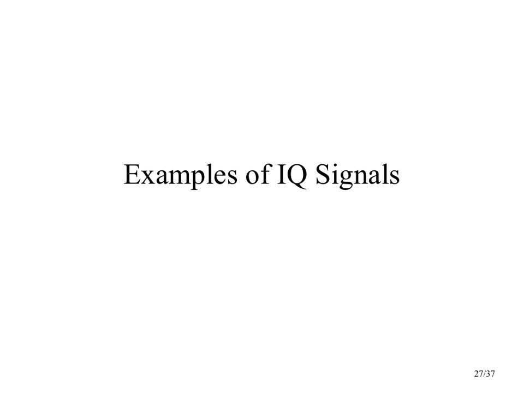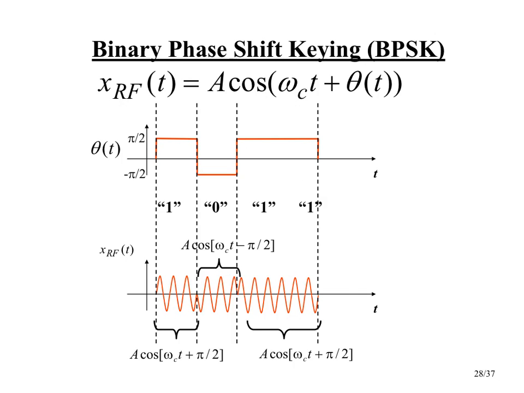All right, the rest of the slides in this note set just give you some examples of I and Q components for a few different cases so that you can see what these things look like. For a communication signal type known as BPSK, or binary phase shift keying, the information lies in the phase, and the phase just switches from, in this example, pi over 2 to minus pi over 2.